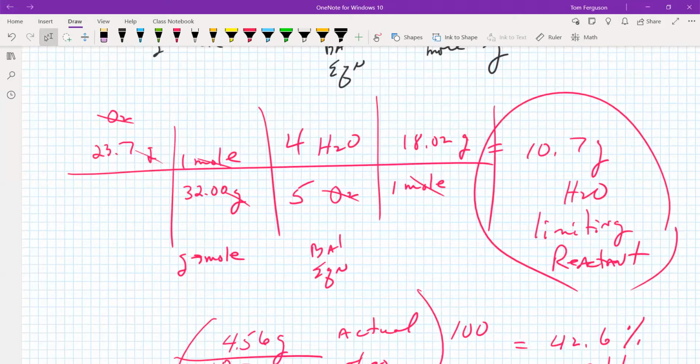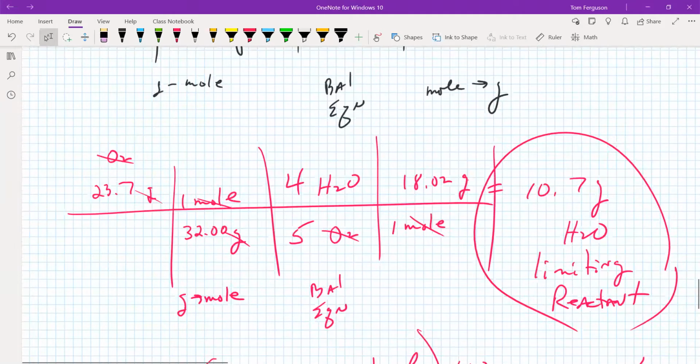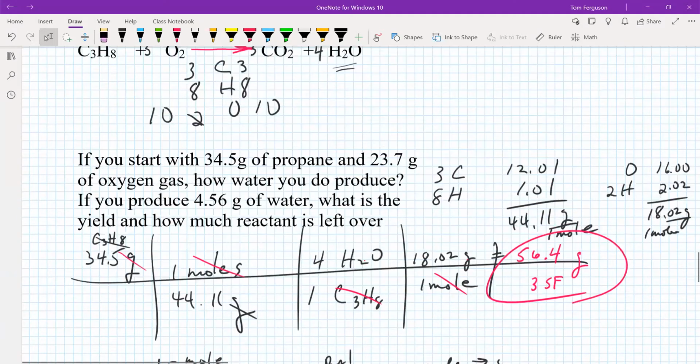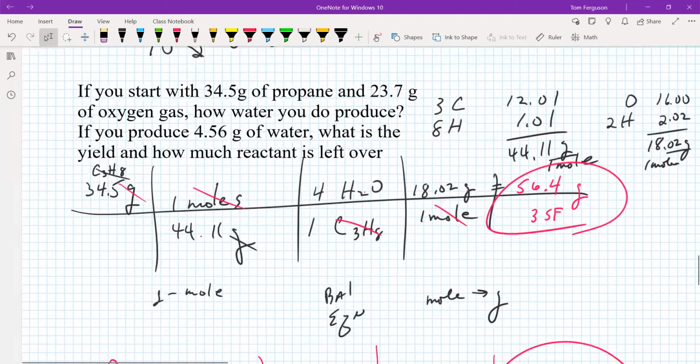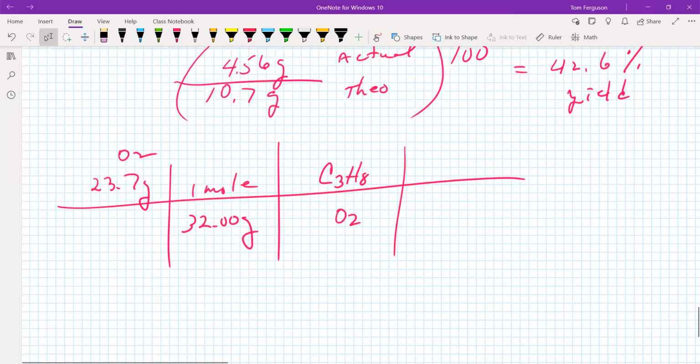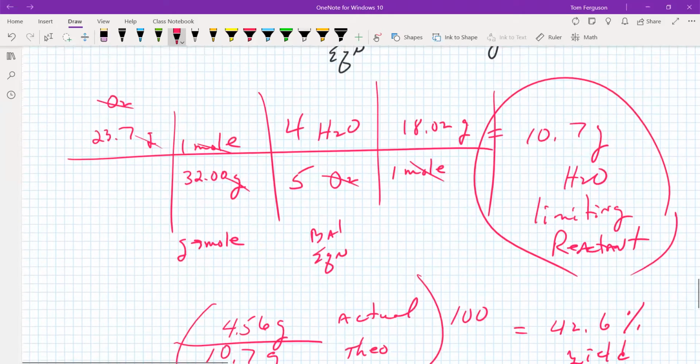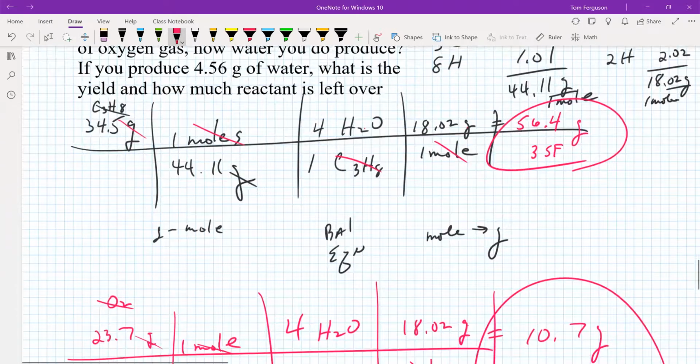Okay, so that ratio, we want propane to oxygen, going to be 5:1. And the propane, we already did the molar mass for that, it's 44.11.